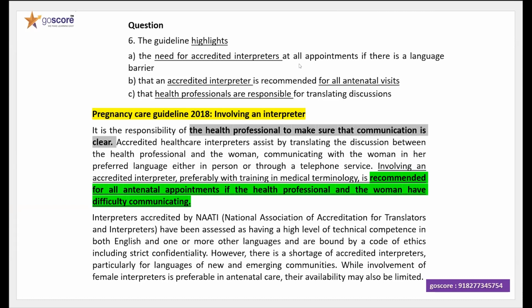So that is not an absolute. When 'all' is there with a positive statement, then it is okay. But here, if there is a language barrier, then you have to give an interpreter for all the appointments. That means in all these appointments, they have some problem with their language.